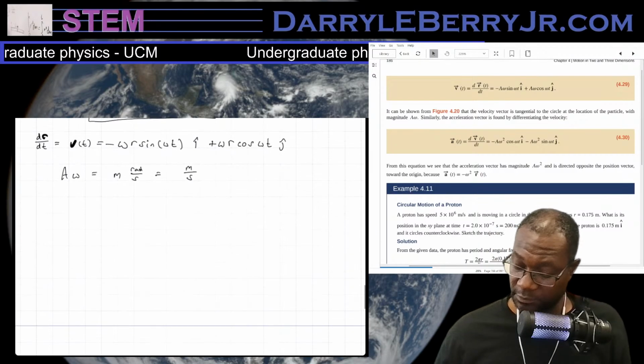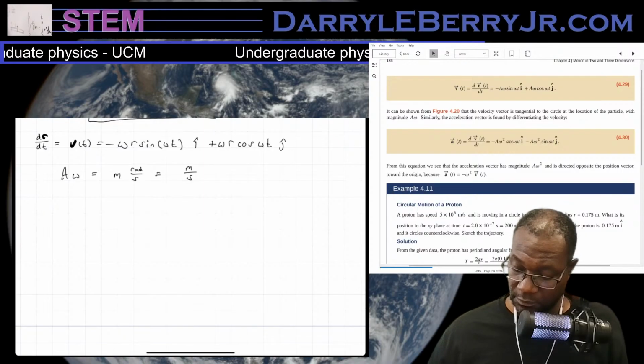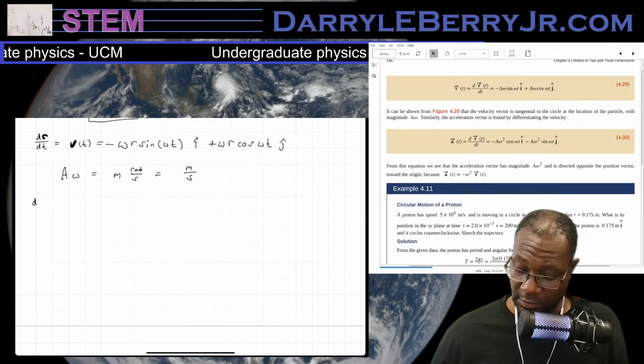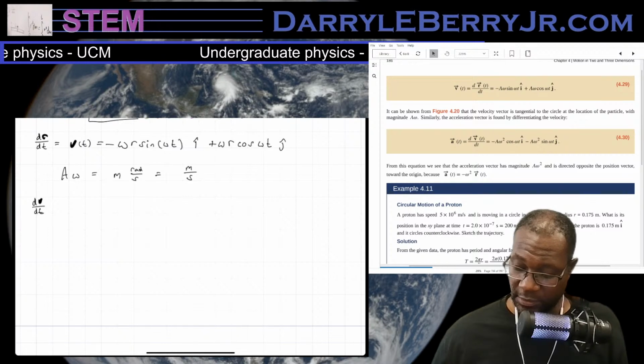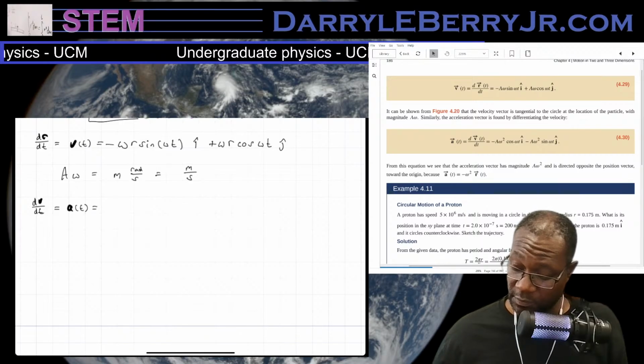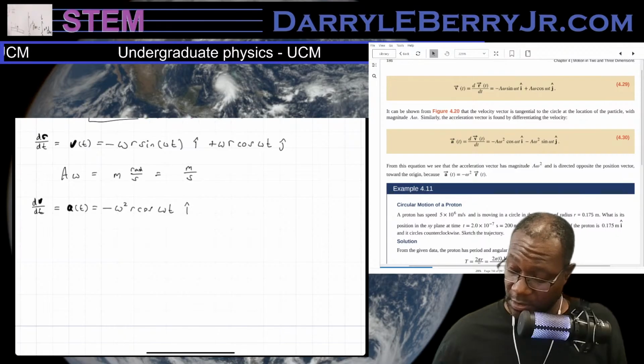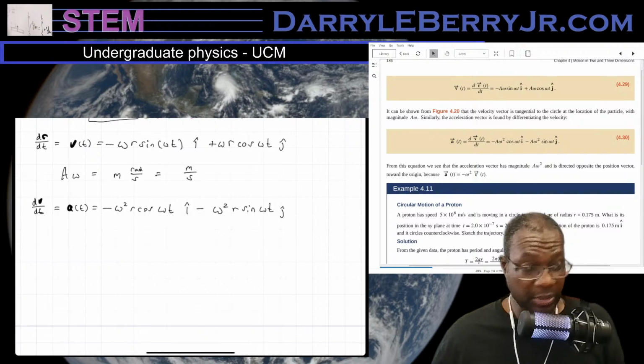Similarly, the acceleration vector, dv over dt equals a of t equals negative omega squared r cosine omega t i minus omega squared r sine omega t j.